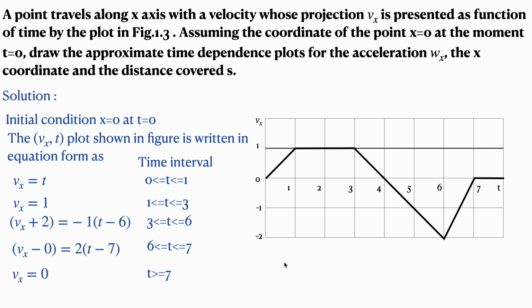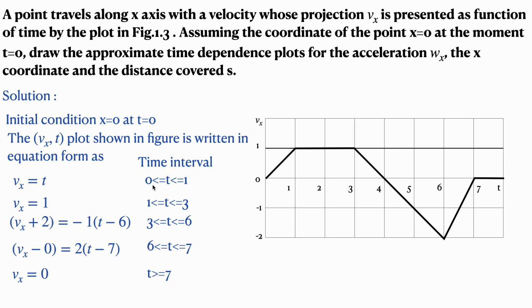In this question, the point is traveling in the x direction and its velocity vx time dependence is given in this plot. So we can see the velocity of the point at different intervals of time, and we can write these intervals here.